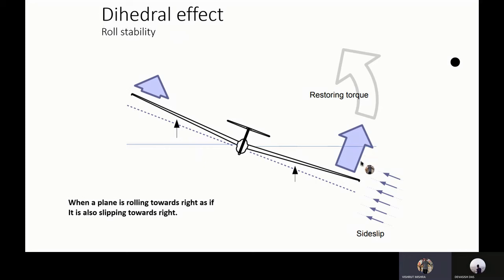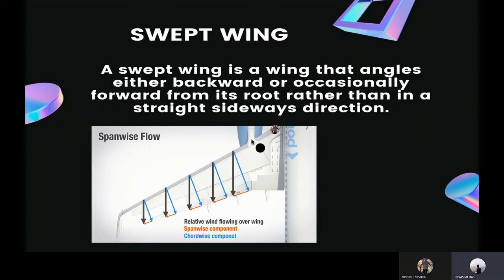The area vector of the right wing has a greater component in the vertical direction compared to the left wing. So the lift will increase on the right wing, which will cause a restoring torque. This will cause a restoring torque and move our plane to its normal position. So this was everything about roll stability.